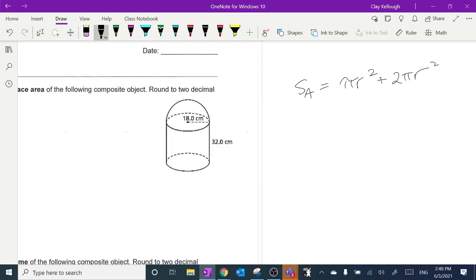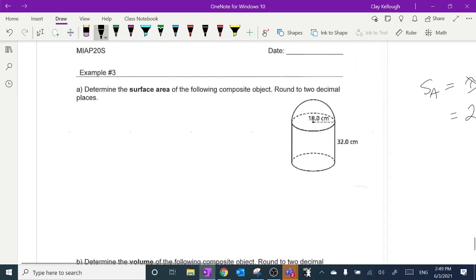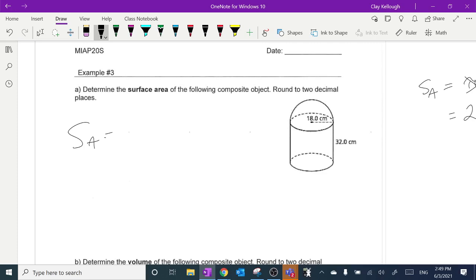And then we decided, oh yeah, we can add those together and make that 3 pi r squared. But wait a minute, problem. This circle at the bottom isn't actually part of the outside of the shape. So it's not a 3, it's just a 2. So my surface area in total is 2 pi r squared.